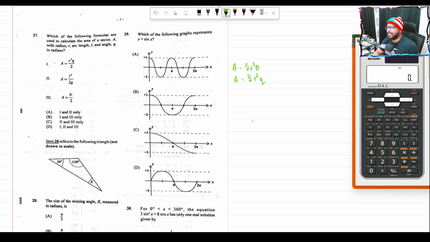Now, the arc length L. How are you utilizing the arc length L? We know that the arc length L is equal to r theta. So if I try to replace something inside of here with L, r is equal to L over theta.